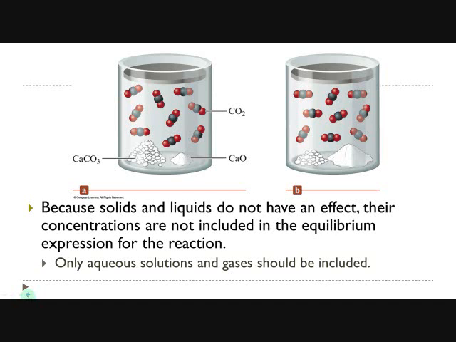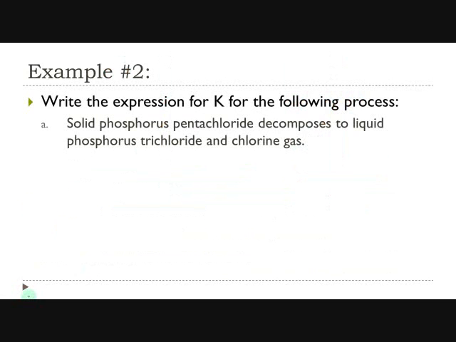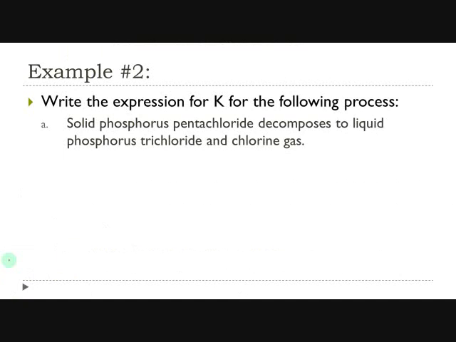So for this example, let's write the expression for when we have solid phosphorus pentachloride decomposing into liquid phosphorus trichloride and chlorine gas. So what's the formula for phosphorus pentachloride? PCl5. And that's a solid.